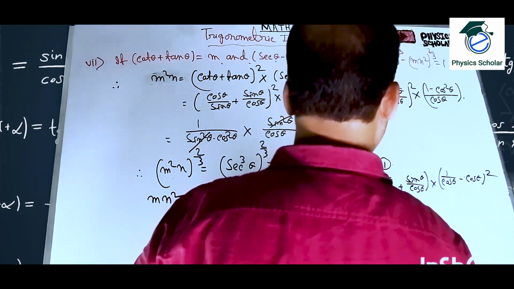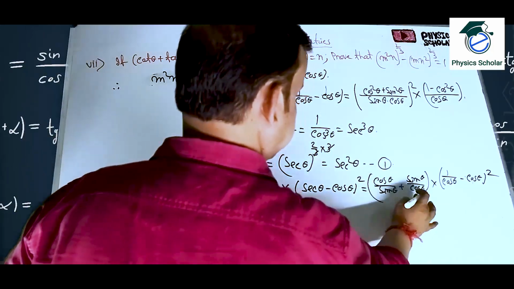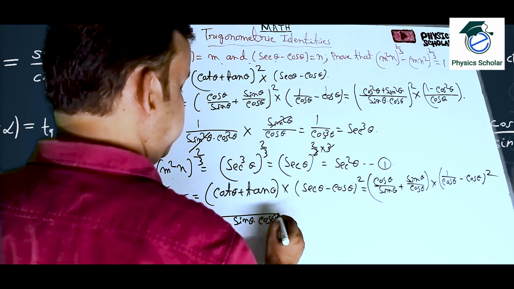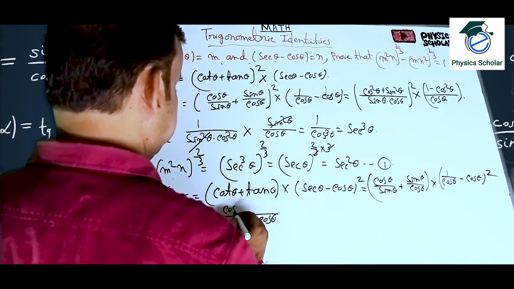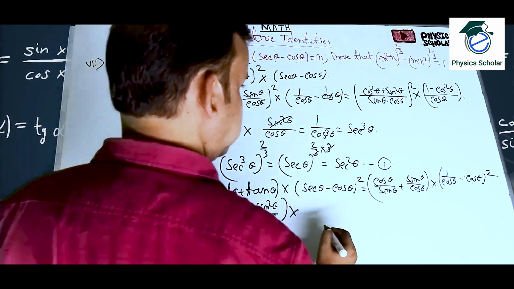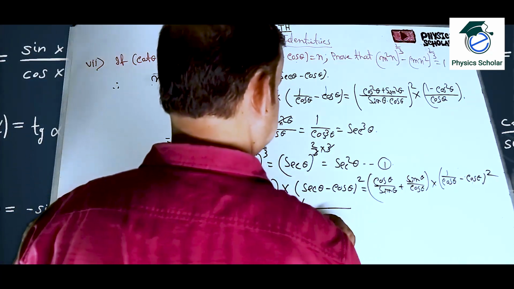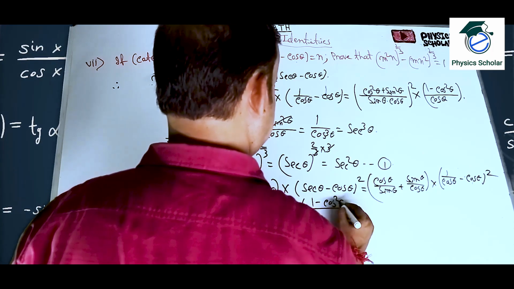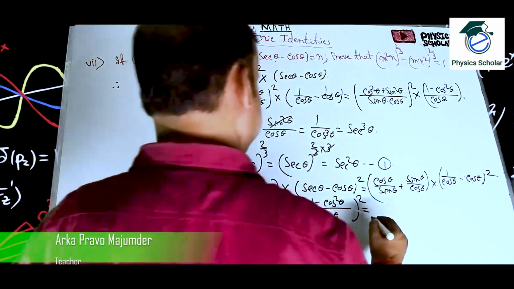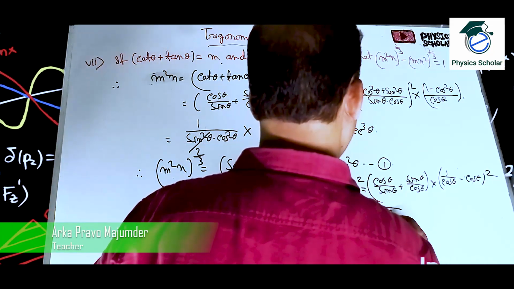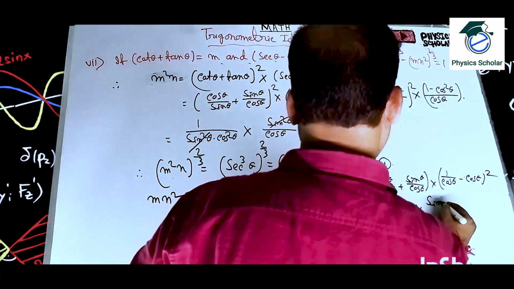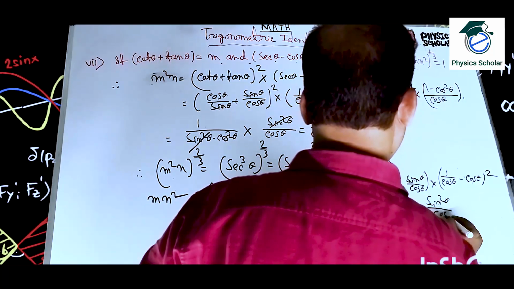So what is coming here? Sin theta into cos theta will be the LCM. So it will be cos square theta plus sin square theta, into 1 minus cos square theta by cos theta whole square, which is 1 by sin theta cos theta into sin square theta by cos theta.